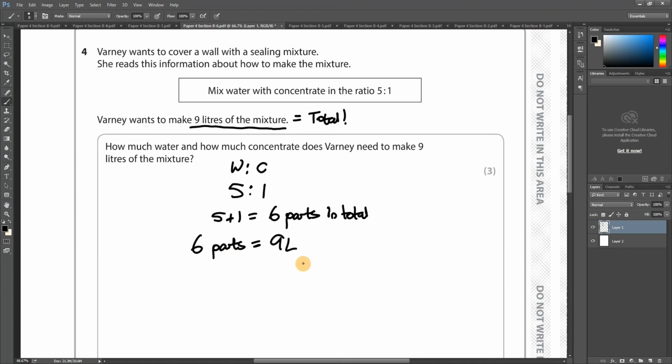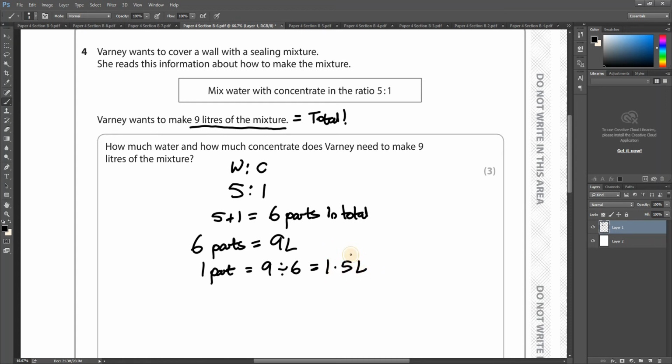So if 6 parts equals 9 litres, 1 part must be 9 divided by 6. Let's work it out on the calculator. It's definitely going to be a decimal. Yeah, it's going to be 1.5. That's going to be in litres.